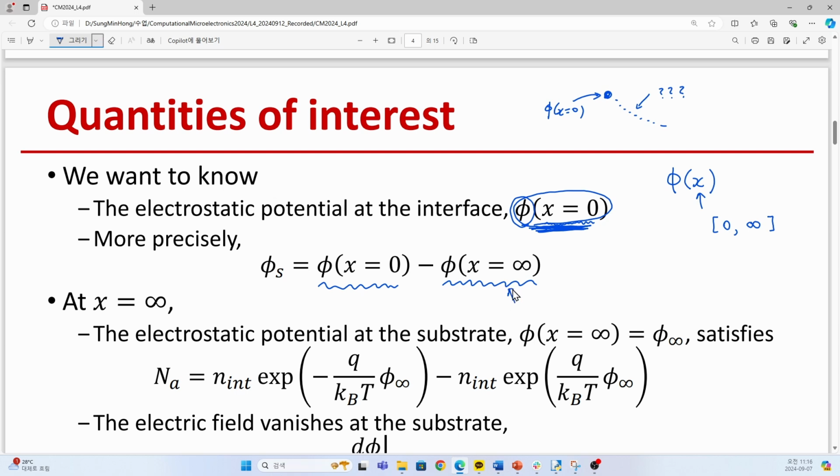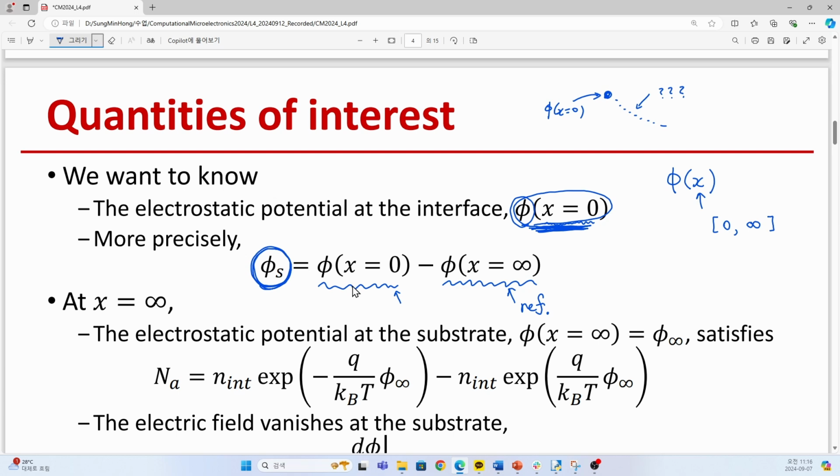So this one is used as the reference value, and this one is just a measured value. And since this notation is too frequently used, usually when we say surface potential, it is assumed that the deep substrate is the reference of this quantity.